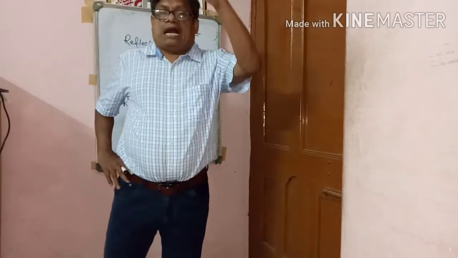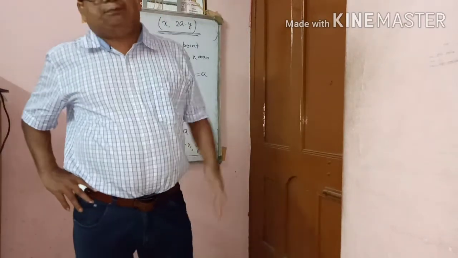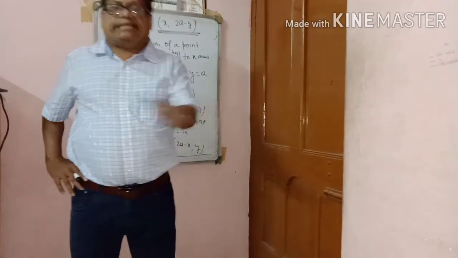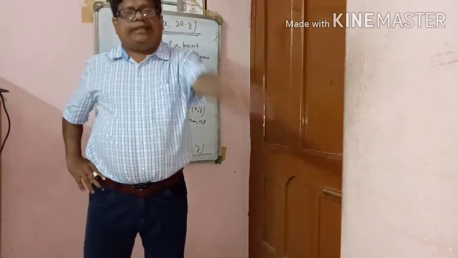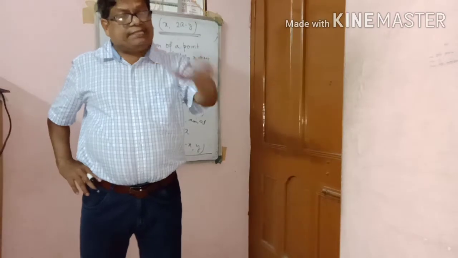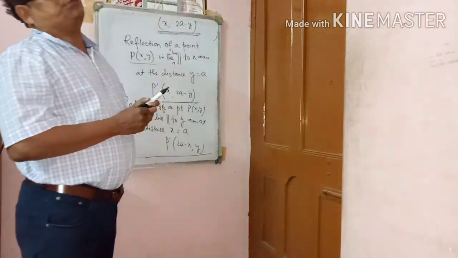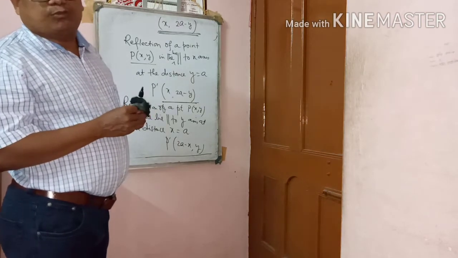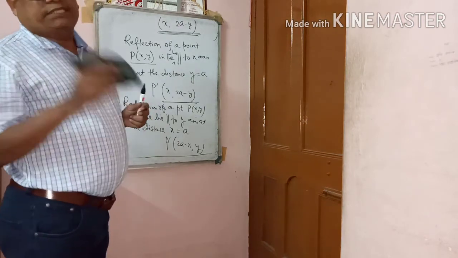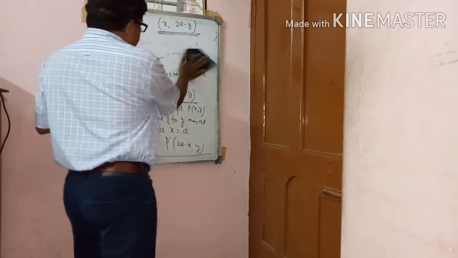One thing: after reflection, if the coordinates have no change, this point is called an invariant point. All of you know, a point on the x-axis is (x, 0) and a point on the y-axis is (0, y). See, I am showing here.